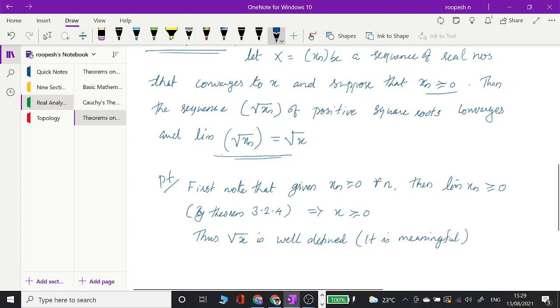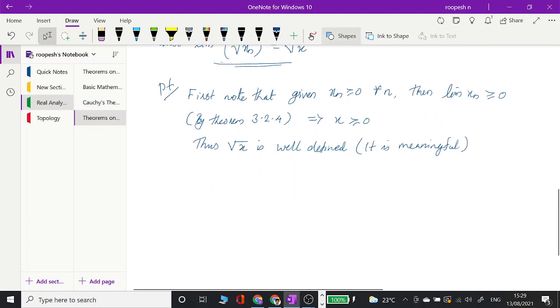We want to show that square root of xn converges to square root of x, meaning positive square root. All the terms are non-negative, so we should take this x also non-negative. Then only we can define the positive square root.